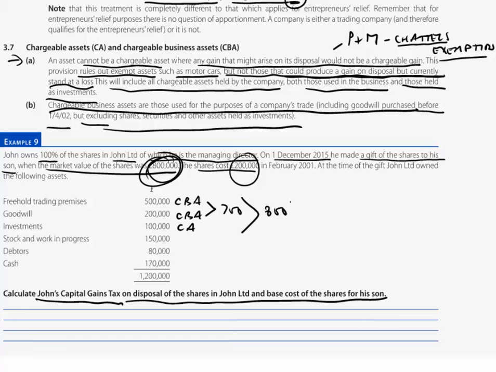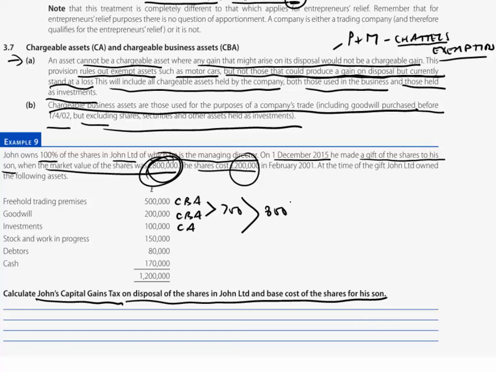So only 7/8 of that gain will be eligible for gift relief. The remaining part of the gain will be chargeable, assuming, if we're told nothing to the contrary, that this is the only gain made by the taxpayer during the tax year. That gain will be eligible for the deduction of the AEA, and then the taxable gain will be taxed.